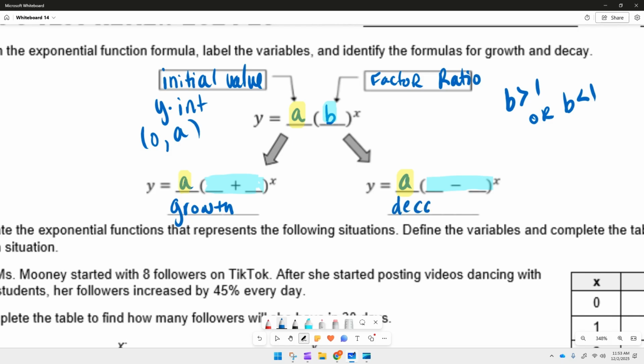Decay is 1 minus. Growth is 1 plus. R rate, or 1 minus R rate. Now, when you are converting to that rate, in order to get that value, you must take that rate and divide it by 100. You want it as a decimal. Does that make sense?